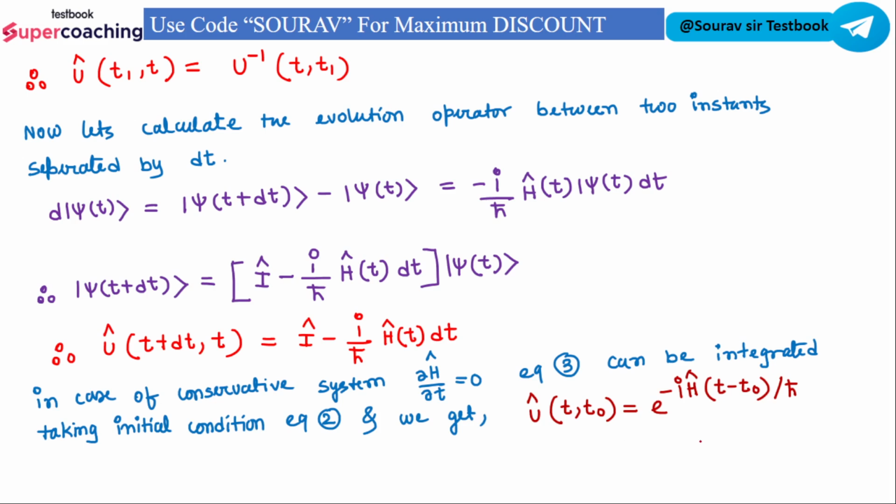So this is the time evolution operator. It's a very important thing. This is how you write it down. This is your time evolution operator. So I hope this was helpful and thank you very much.